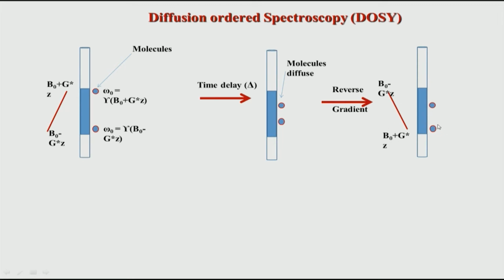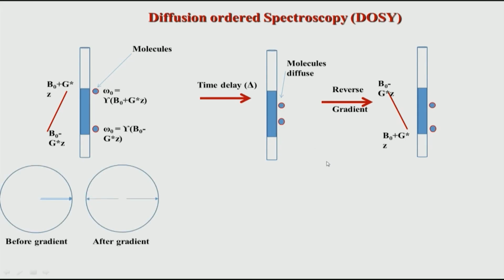So, they do not rephase back completely, and this is exactly what we want. We do not want it to be rephased completely, because if everything is back in the original position, that is not useful for us. What we want is some amount of dephasing because of diffusion, and that will give information on the diffusion process.